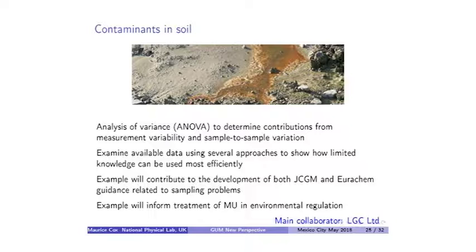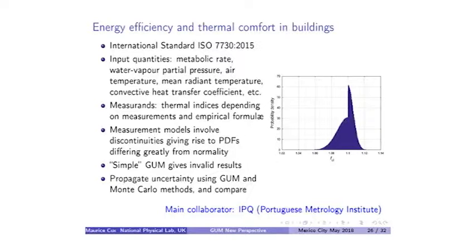And the example of informed treatment of measurement uncertainty in environmental regulation. There's quite a concentration these days on energy efficiency, for obvious reasons, and coupled with that is thermal comfort in buildings. There's an international standard on thermal comfort, and it considers various input quantities such as metabolic rate, water vapor partial pressure, air temperature, and so on.